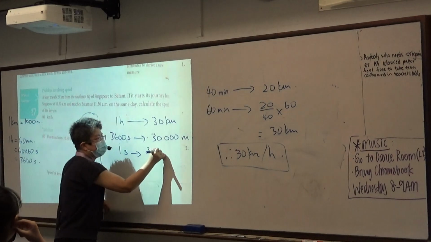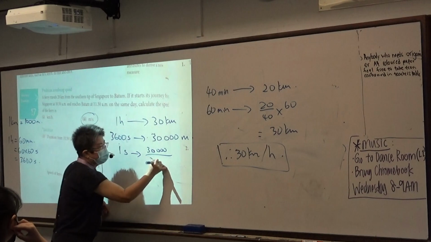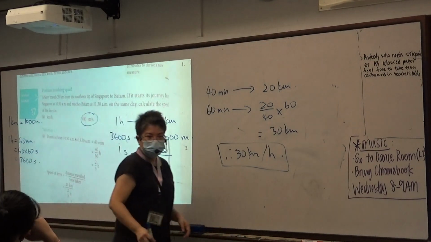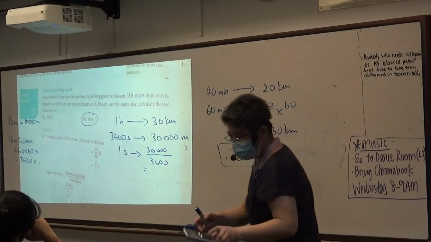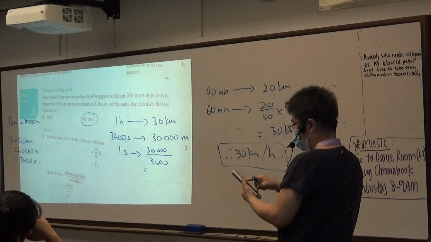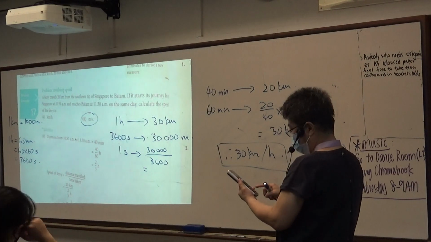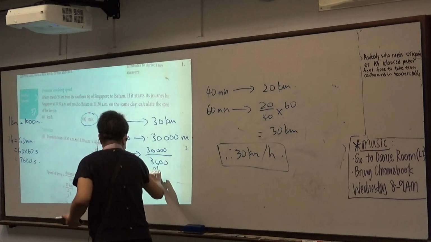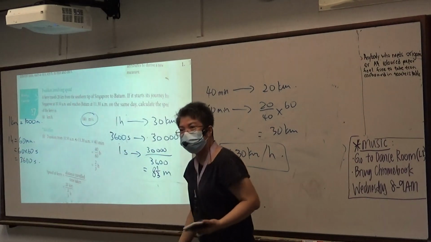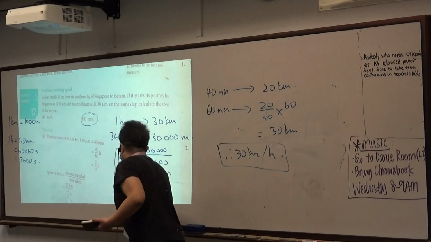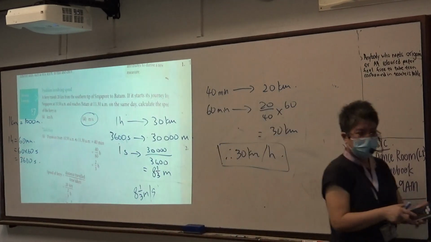It will be this divided by 3600, am I right? So, all of you use this 30. This will be 8 and 1/3 meters, correct? So the answer will be 8 and 1/3 meters per second.